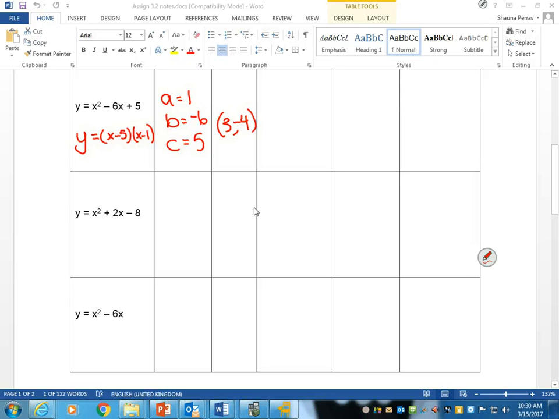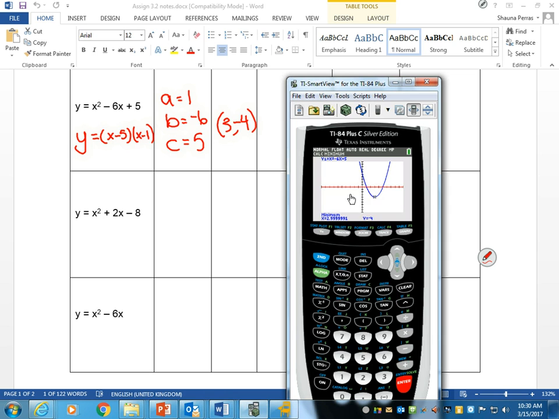The next step was to come up with x-intercepts, right? So if we're looking for x-intercepts, we're looking here and here. Because we have y2 equals 0, we can go second trace, intersect, and go over here, and hit enter, and go over here.